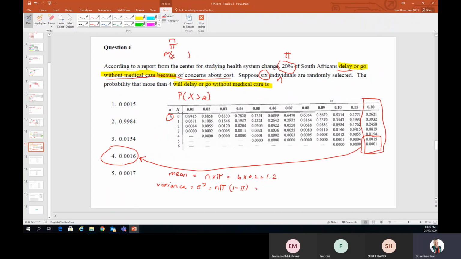Okay, so that would be your n times pi would have been 1.2. Then it would be 1 minus 0.2, which is 0.8. So your variance would have been 1.2 times 0.8, which is 0.96.